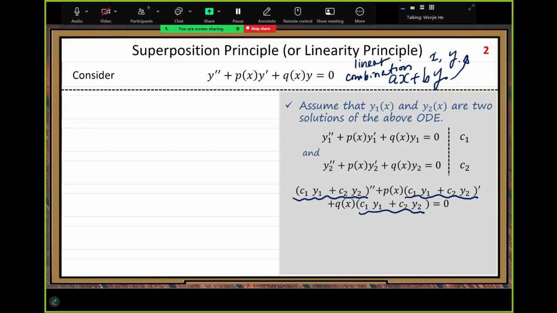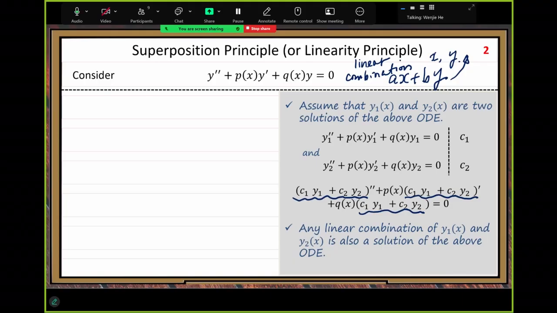I will show you a simple example soon. The conclusion: any linear combination of y1 and y2 is also a solution of the above ODE. So this explains why we need to study homogeneous linear second order ODEs.